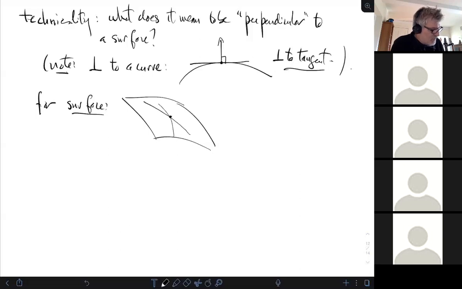Take any curve like that, all these curves, right? Now, intuitively, if you're perpendicular to the surface, you should be perpendicular to any of these curves. And this, we know what it means. It means you're perpendicular to the tangent to any of these curves. So that's how we're going to do it.